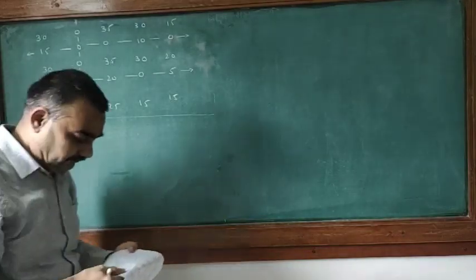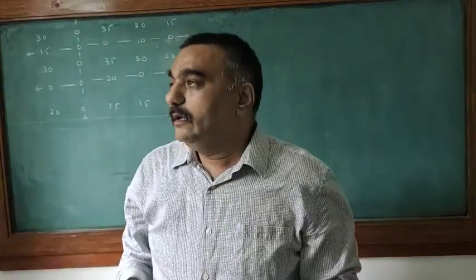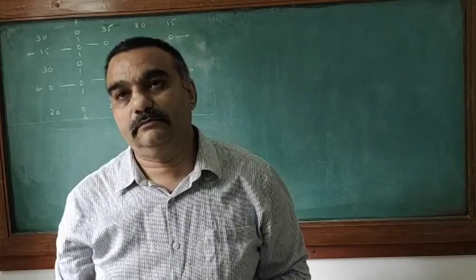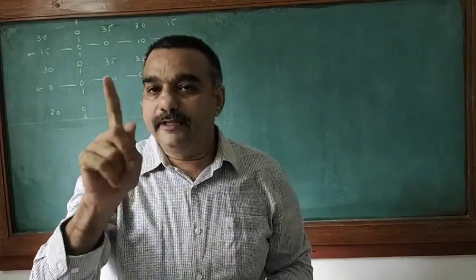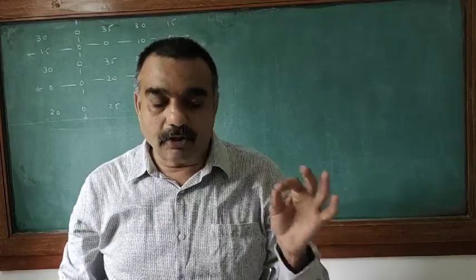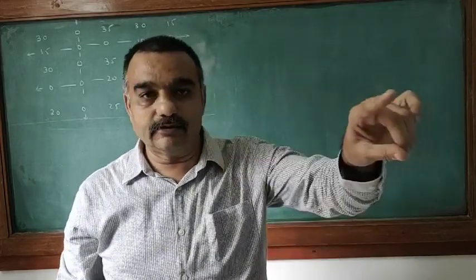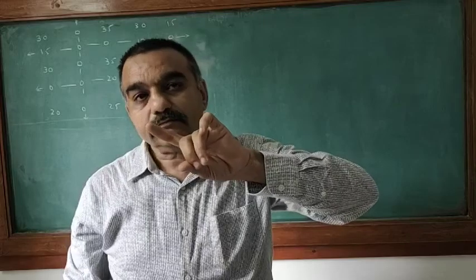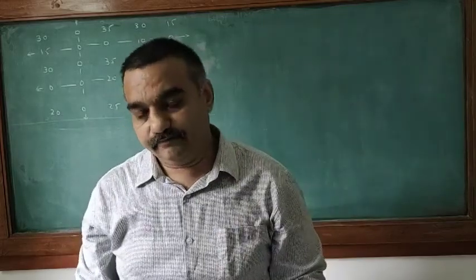Okay. Cover all zeros by a dotted line. This dotted line says that there is a 0 and we have to cover it.